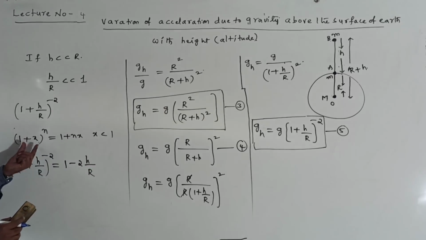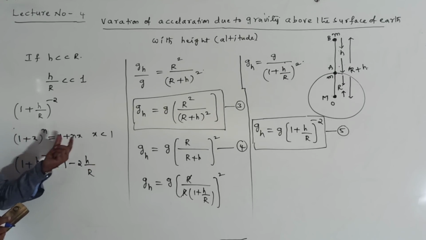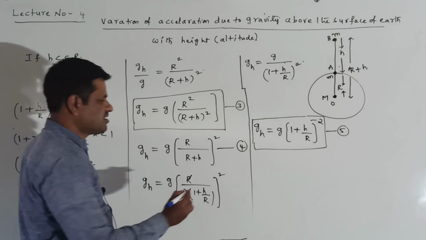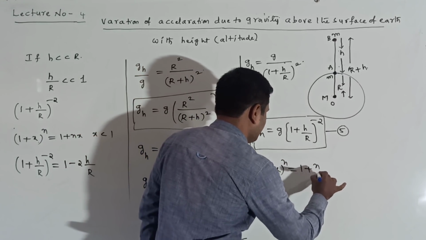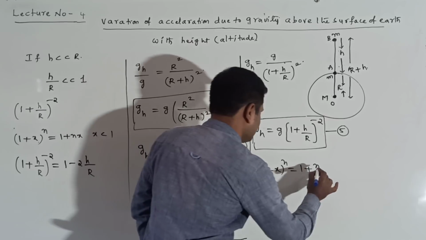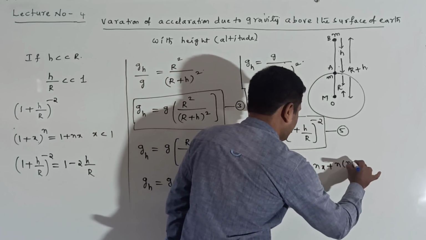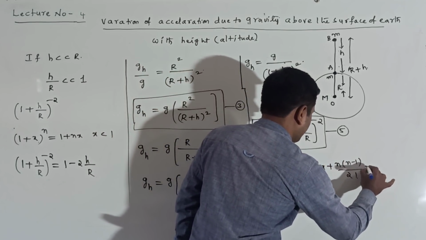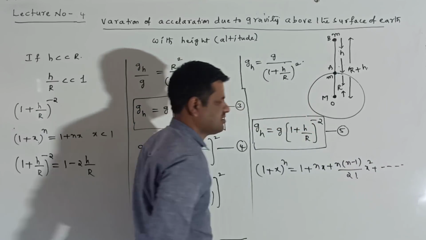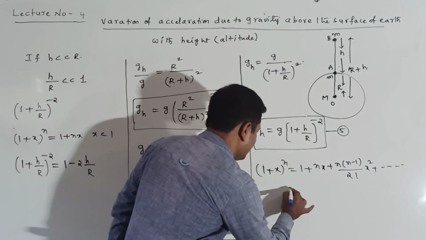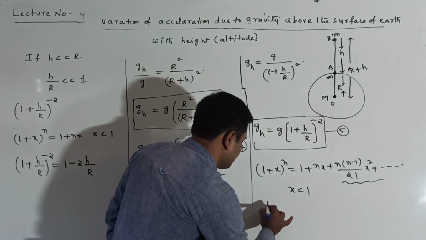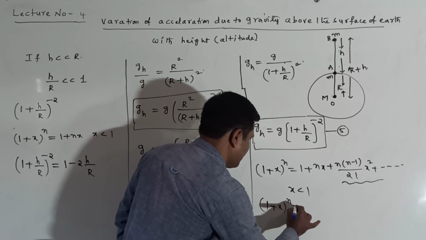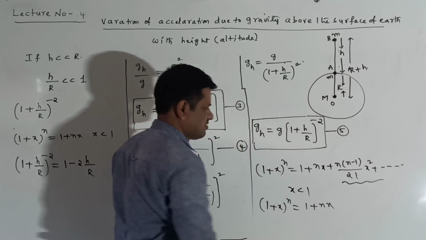Listen, here 1 plus x whole power of n is equal to 1 plus nx. Actually the expansion is 1 plus x whole power of n equals 1 plus nx plus n into n minus 1 by 2 factorial x square, and so on. But when x is less than 1, the higher order terms are neglected. Neglected means the remaining is 1 plus nx.